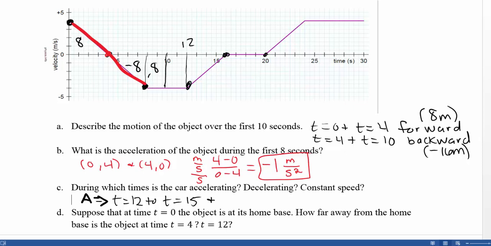And then again from 20 to 24. So again, it's increasing here from 20 to 24. So time equals 20 to time equals 24. Now we also want to know when we're decelerating. So we're going to be decelerating whenever the slope of our velocity is negative.